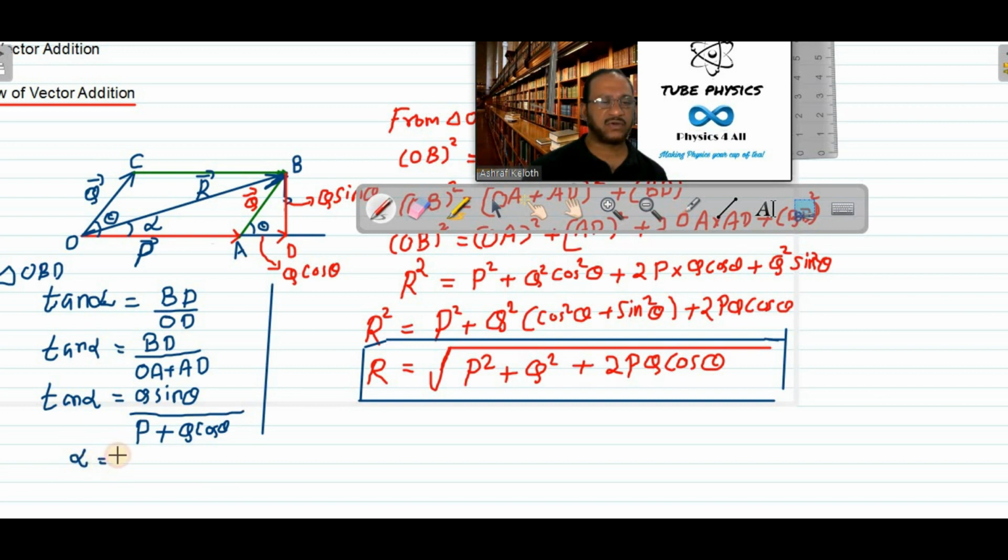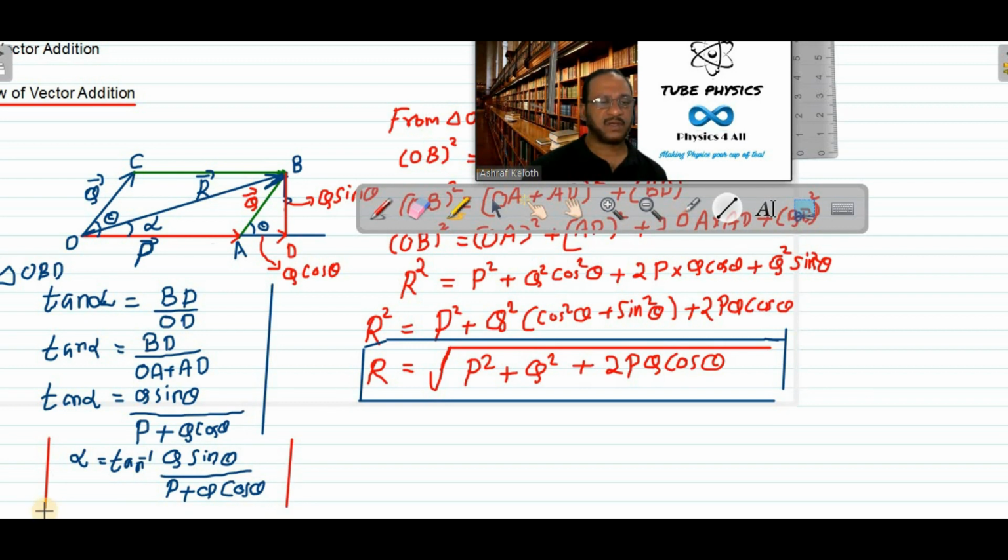Alpha is equal to tan inverse of Q sin theta divided by P plus Q cos theta. This is the equation for direction. This equation will give the direction of the resultant.